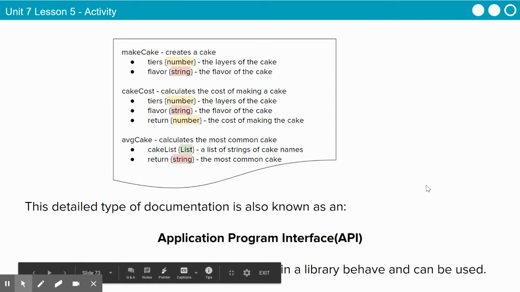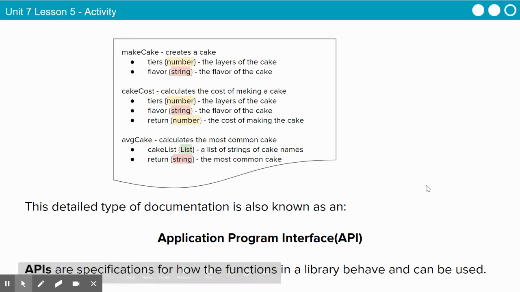Well, in App Lab, in the code.org world, we have this sort of option. And so another vocabulary term that you need to know is an API, which is an application program interface. Basically, it's a user's manual. Okay. It's specifications for how functions in a library behave and how they can be used.